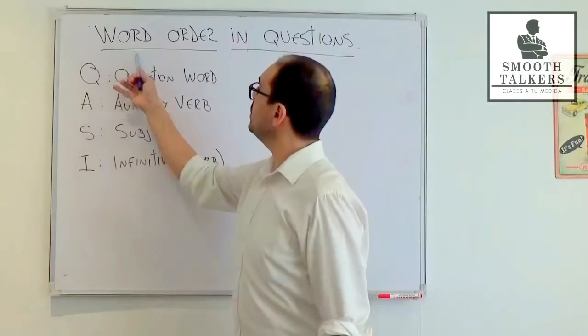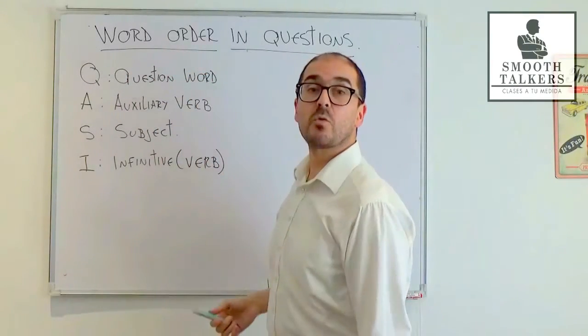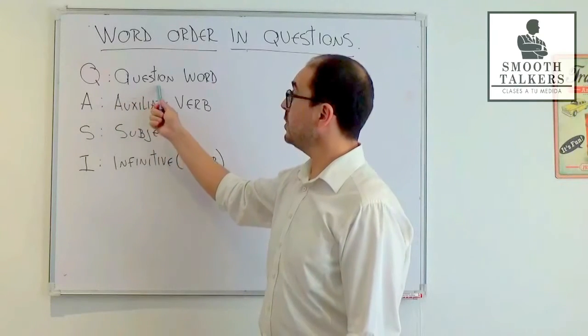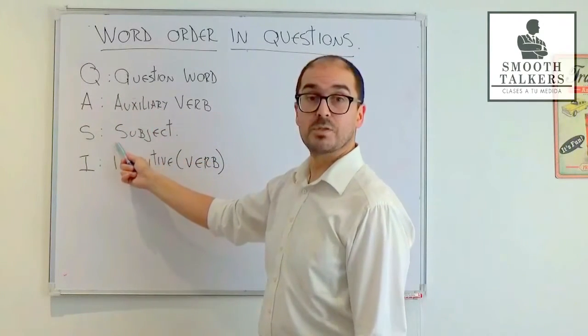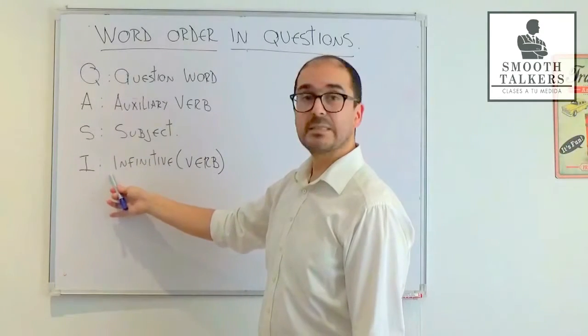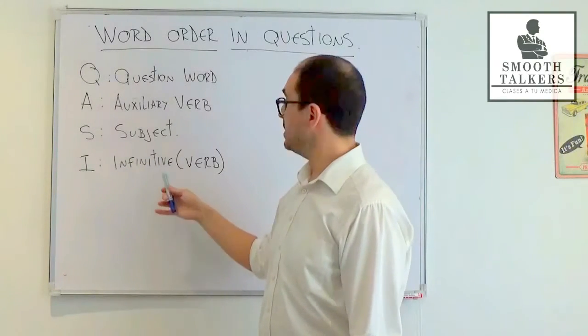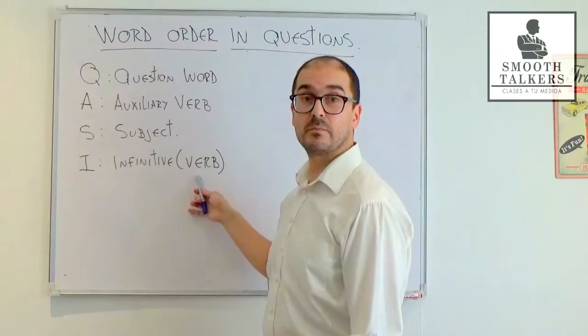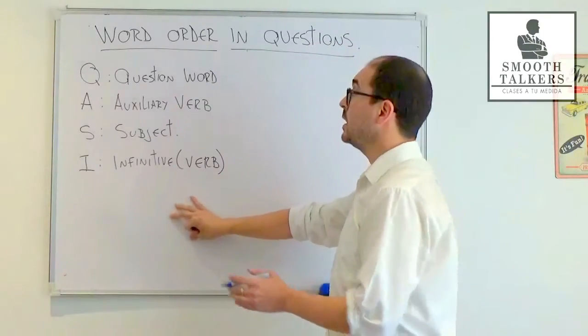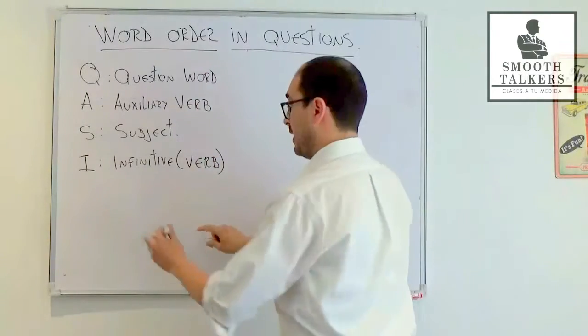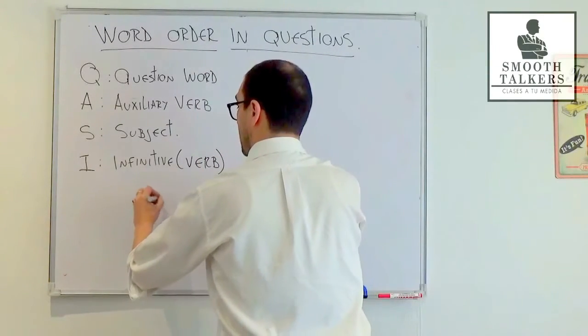And right now we're going to learn about the proper order of the words in a question. To formulate a correct question, we need a question word, an auxiliary verb, a subject, and an infinitive, which in this case is a verb. So let's go back to our first example. If we want to make a question, we have to do something like this.